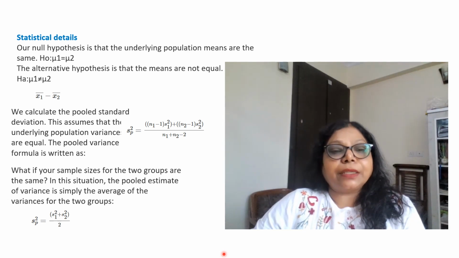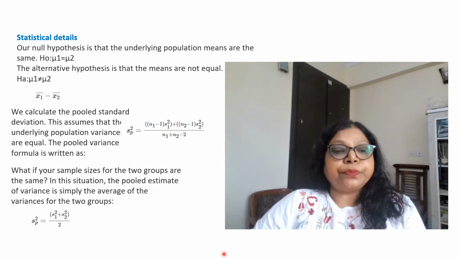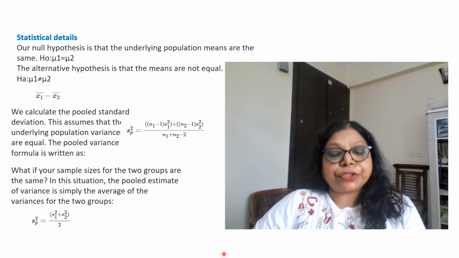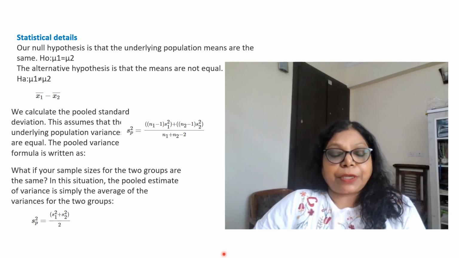We have already done this in the last discussion. N1 and N2 are the sample sizes for the first and second groups, and the standard deviations for the two groups are S1 and S2. The estimate allows the two groups to have different numbers of observations. The pooled standard deviation is the square root of the variance and is written as Sp.